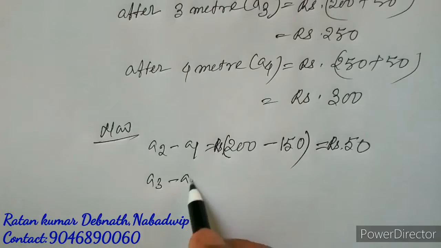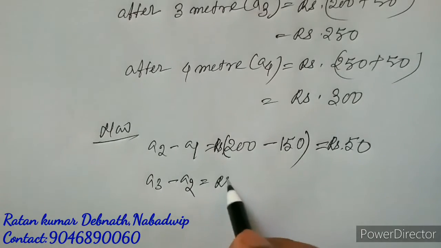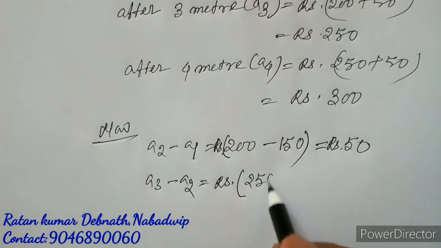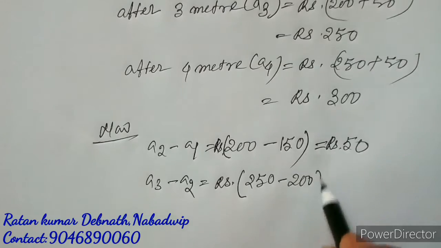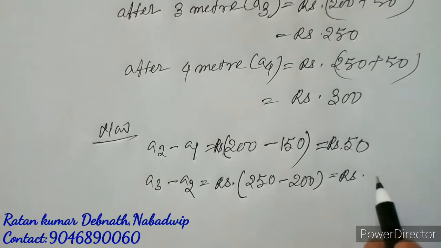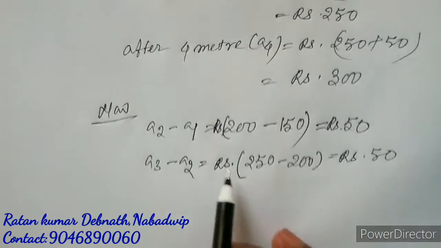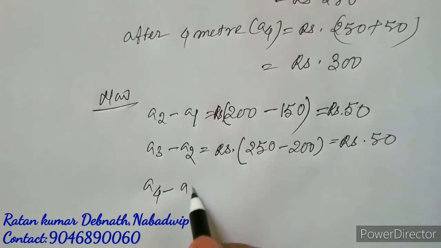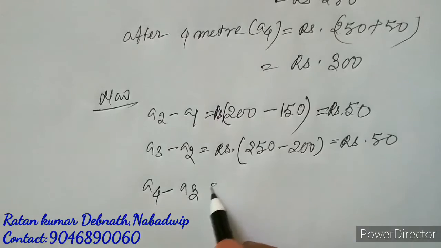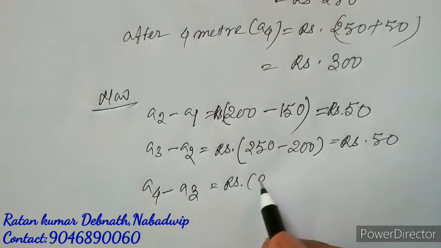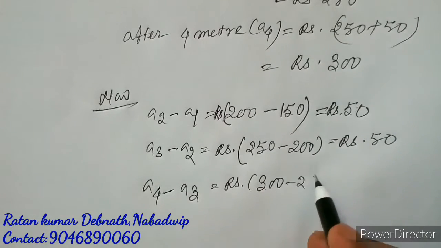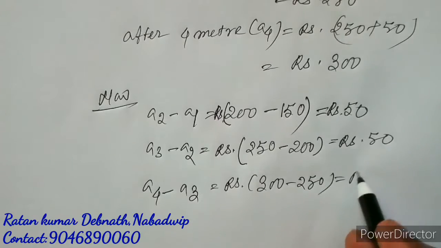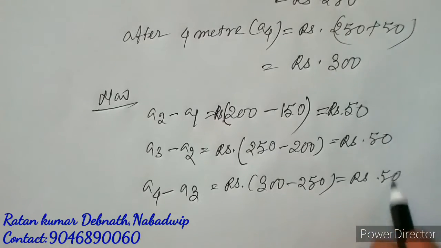A3 minus A2, rupees 250 minus 200 results in 50. A4 minus A3, rupees 300 minus 250, rupees 50.